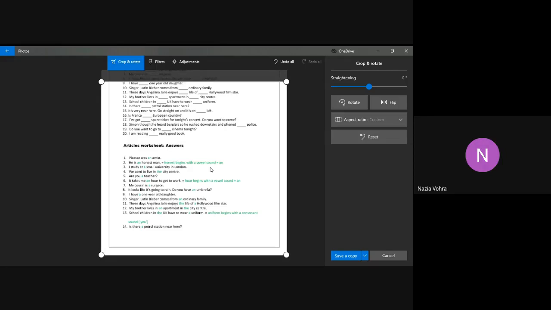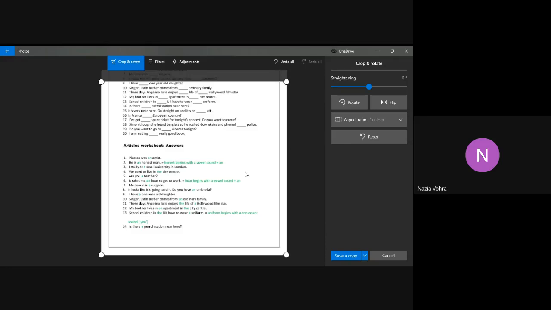It starts with the yuh sound, European, U. So the sound is of Y. That is why we use article A and not an. I have got a spare ticket for tonight's concert. A spare ticket. Article A.